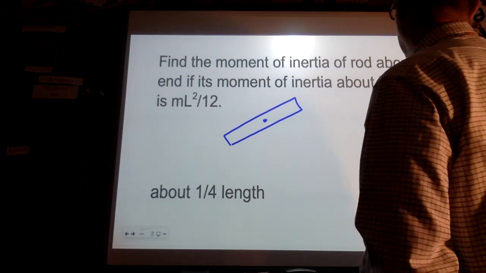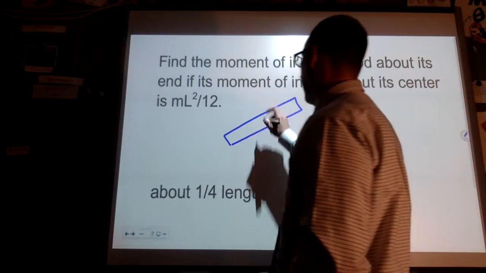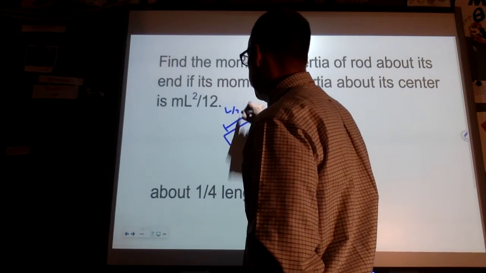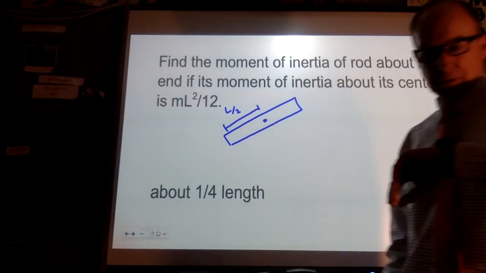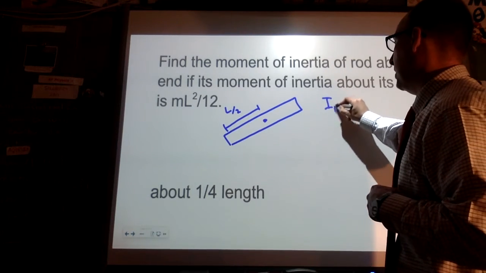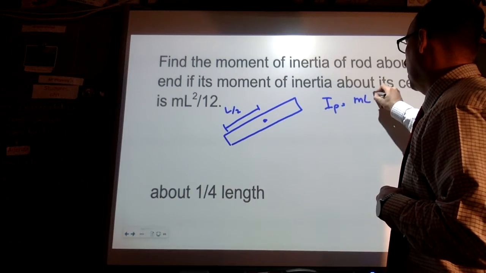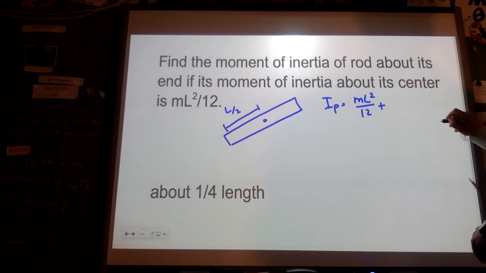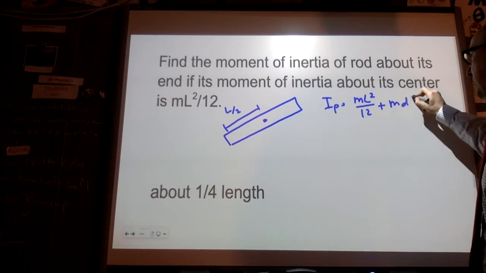All right, so I am shifting it to the end, so that's going to be a shift of L over 2. So that's going to be half of it. So I'm going to start with my original, which is ml squared over 12 plus md squared.